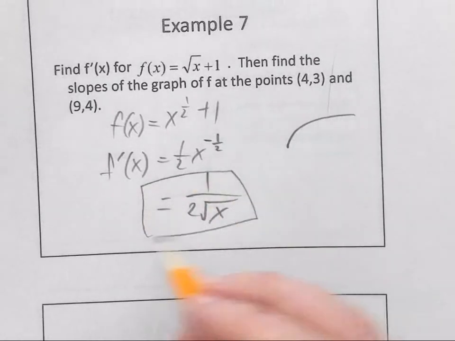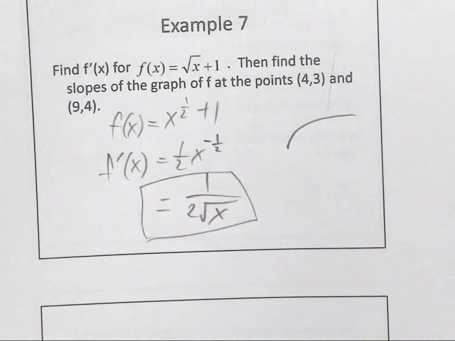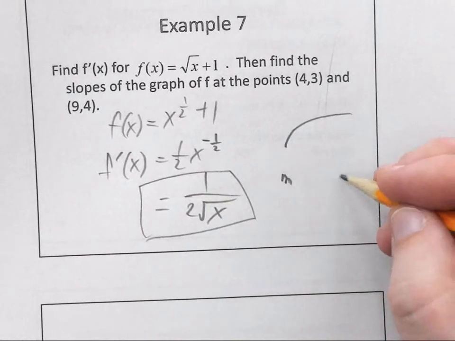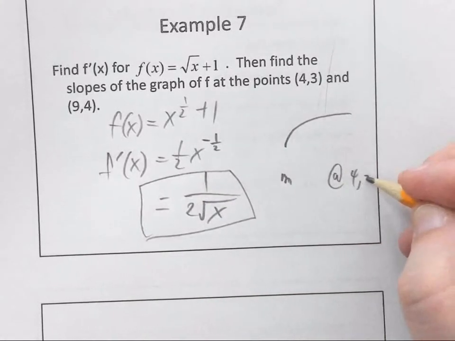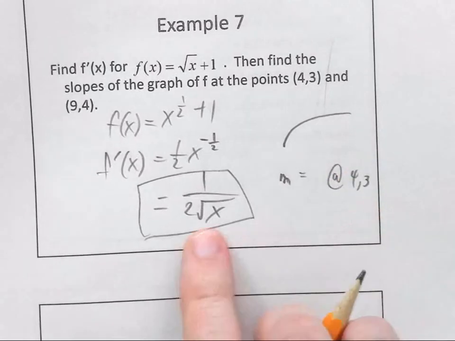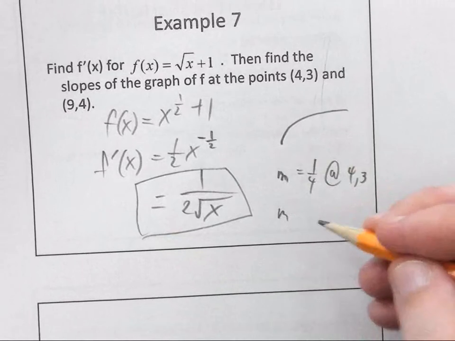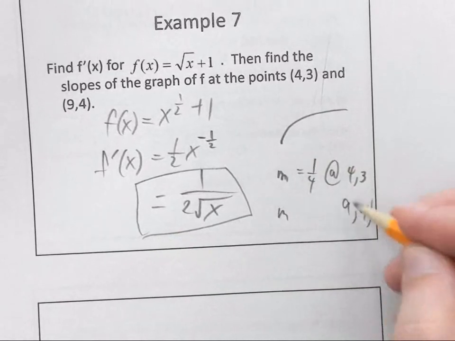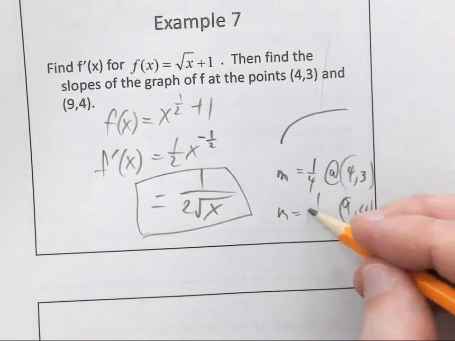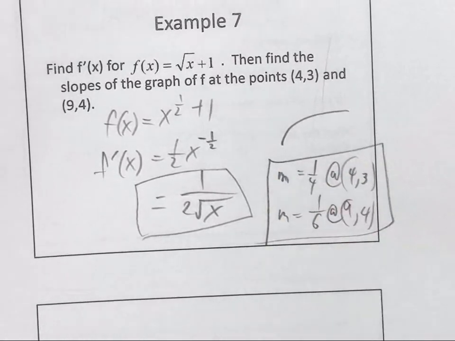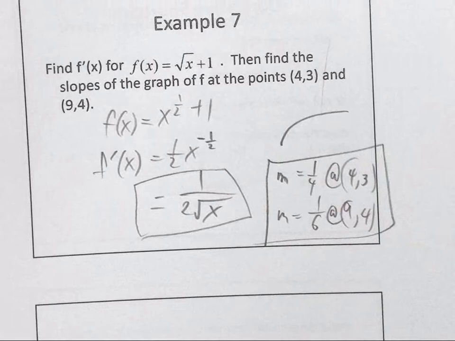So there's your formula. Then what's your slope at the 4, 3? Yeah, so plug in 4 here, square root of 4 is 2. So 1/4. And at 9/4 gives you 1 over 6. Questions?